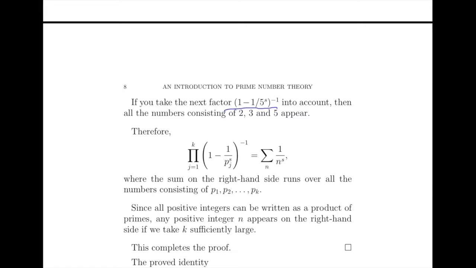Therefore, now we consider the product over the first k primes. Then, by expanding, we obtain an infinite series in which, in the denominator, all numbers consisting of p1, p2, up to pk, the first k primes, appear. All numbers consisting only of the first k prime factors appear on the right hand side.